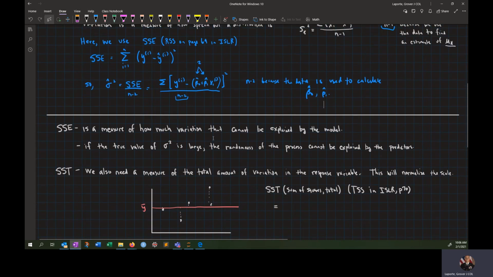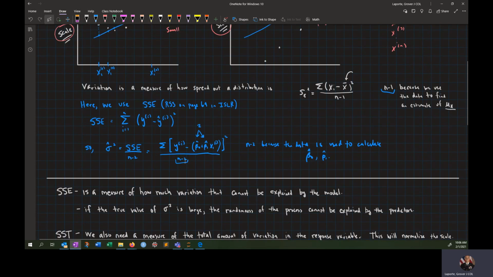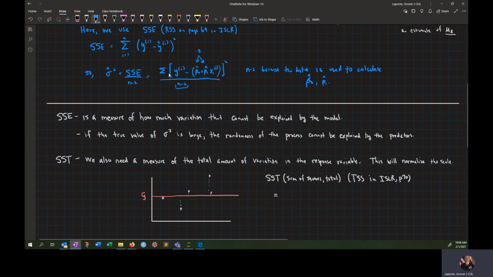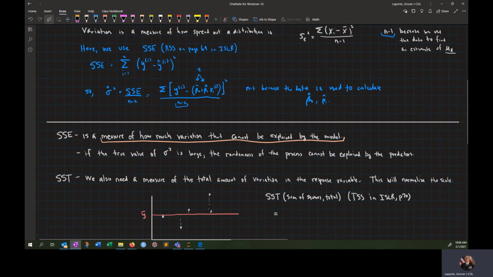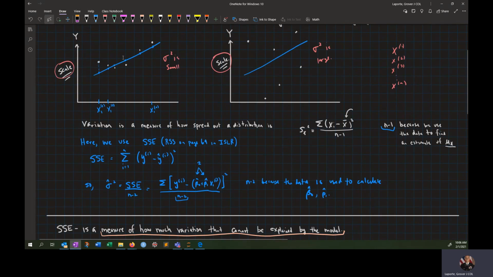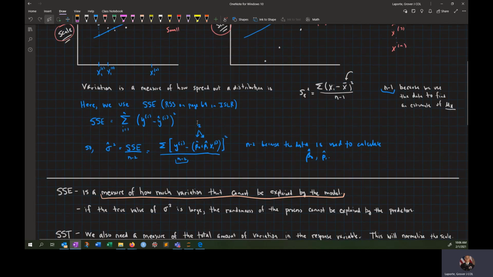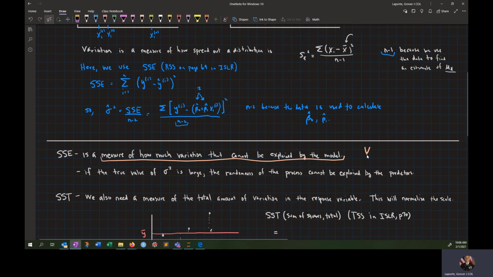Now we come down, and what I want to do is, instead of just looking at the formula for SSE, let's think about what SSE is really doing. It's a measure of how much variation cannot be explained by the model. Regardless of what we do in this picture, if we knew the true value, there's going to be some randomness in this model. Remember what the model was: y equals the true parameters, beta 0 plus beta 1 x1, plus some epsilon.